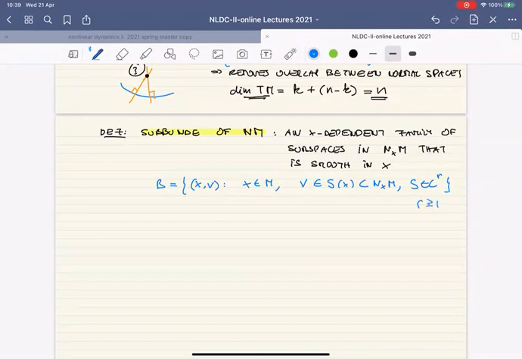So S as a function of the location is smooth. An immediate consequence of that smoothness is that the dimension of S of X, as I consider that for all X values in M, equals a constant.